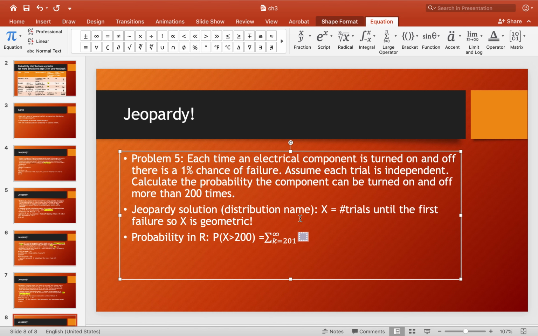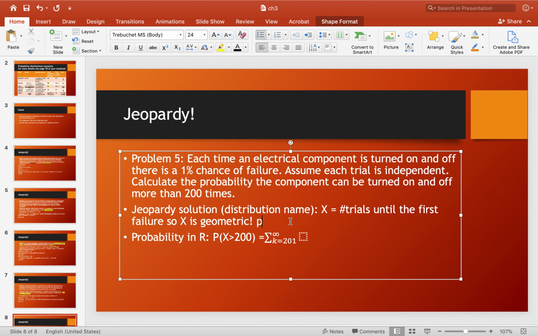Well, one thing that we need for the geometric is the probability of success, which is what we call failure. Success is failure. So it's all relative. The probability of failure is 0.01.